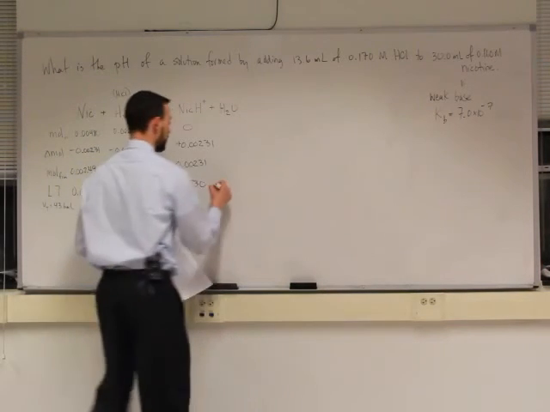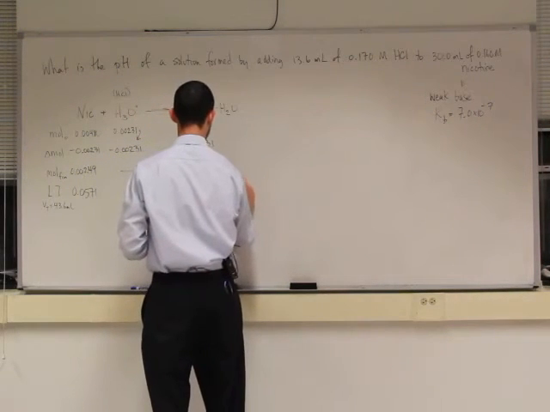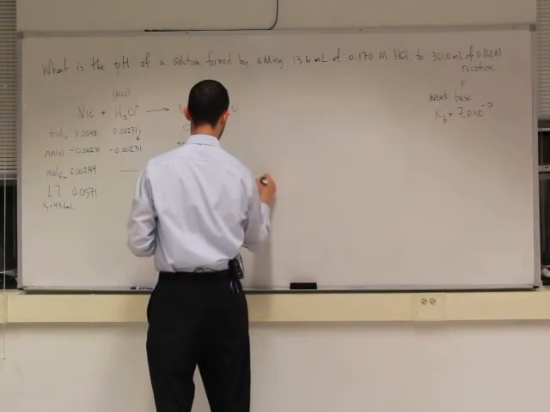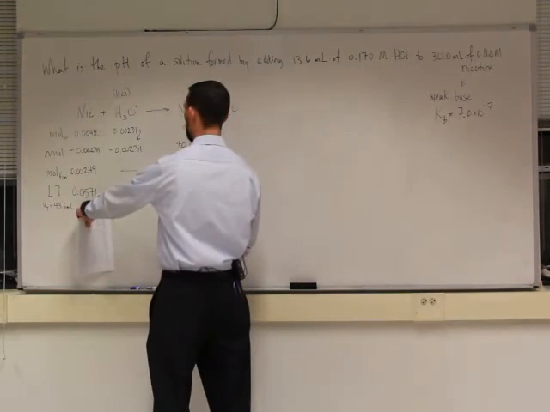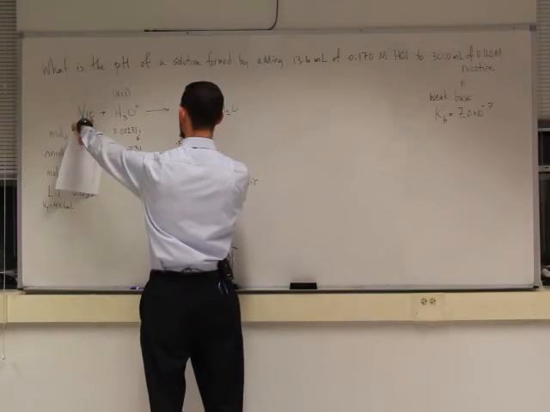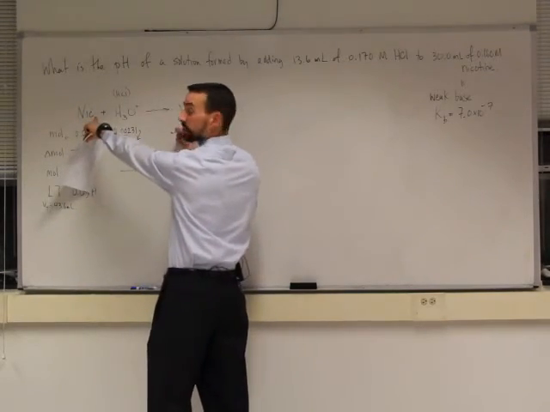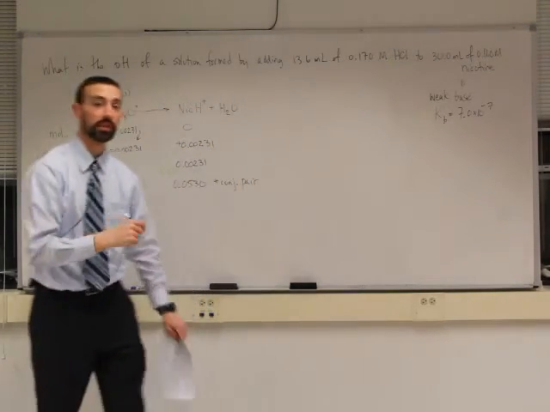I have a conjugate pair, right? Because my numbers are underneath the two things that are separated by only a hydrogen.